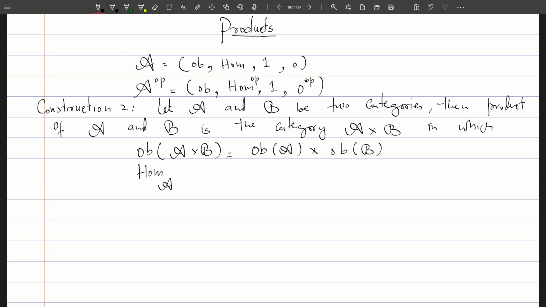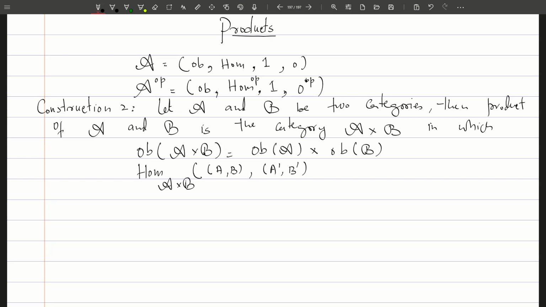category A times B. This stands for the morphisms between the objects of this new category. Here the object is a pair. So we write (A, B), (A prime, B prime).